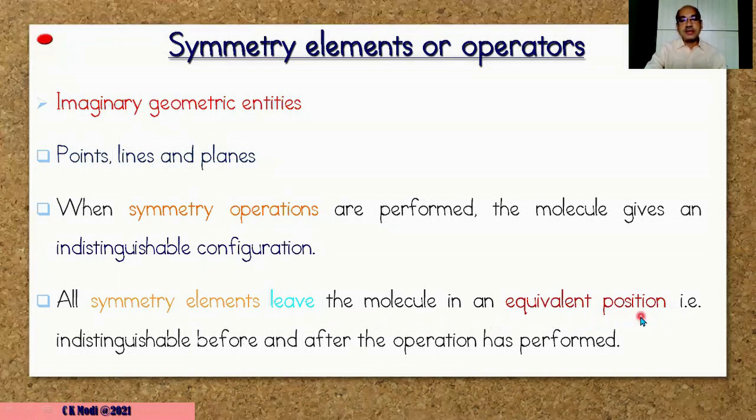All of you just keep in mind that while performing any operation on a particular molecule, it leaves the molecule in equivalent, or indistinguishable, positions. So before and after the operation, the original structure and the new structure are both equivalent.